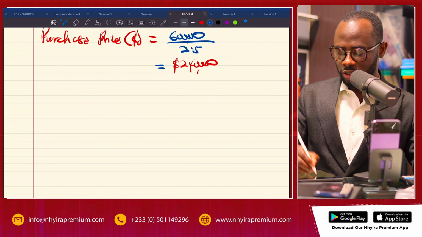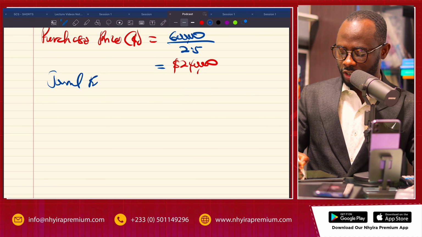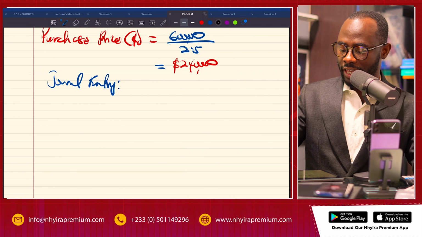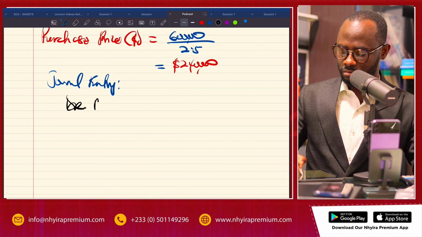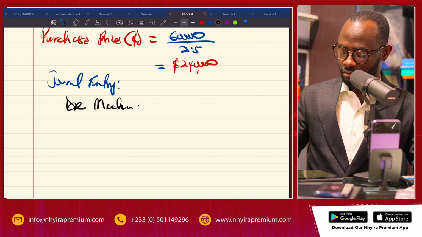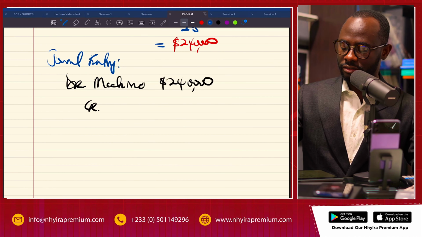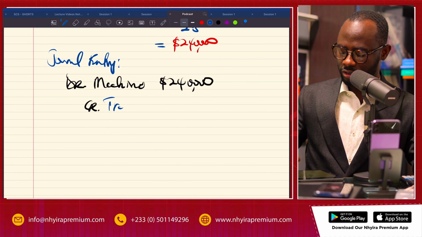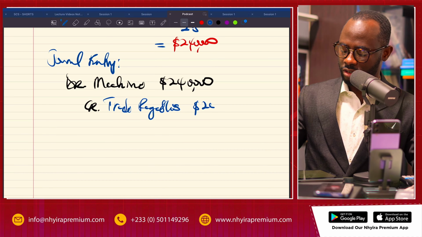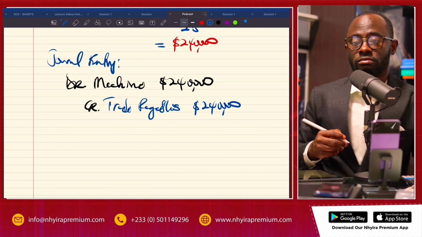So our journal entry for this transaction will look like this: we debit machine with that particular figure, 240,000. And then we credit the payables, because it's on credit, with 240,000.